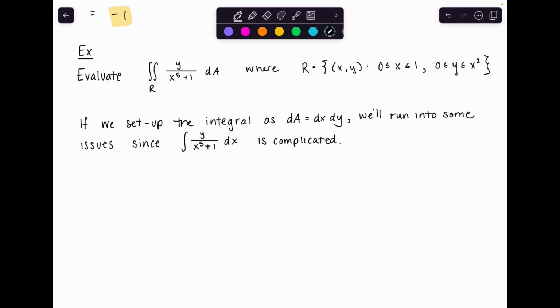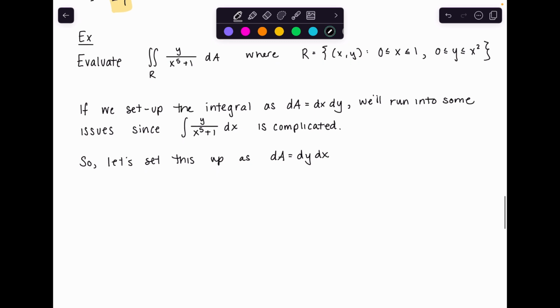So without even knowing what my region looks like, I still want to try to set this up with respect to y first. So that tells me x should have constant bounds, y can have function bounds that deal with x.